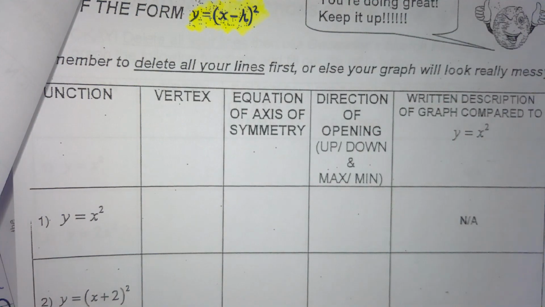Okay, but then how is this a different format than the first one? Andy? With brackets, it's affecting the x-axis. So instead of up and down, it's gonna move left and right.